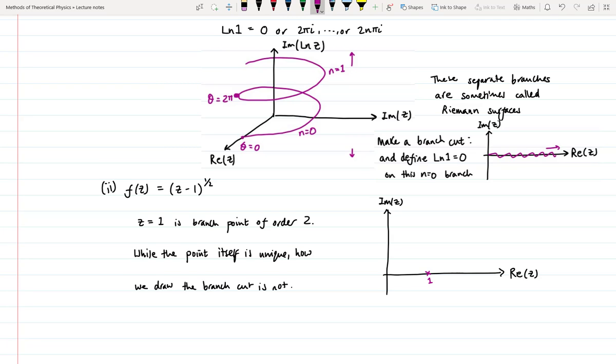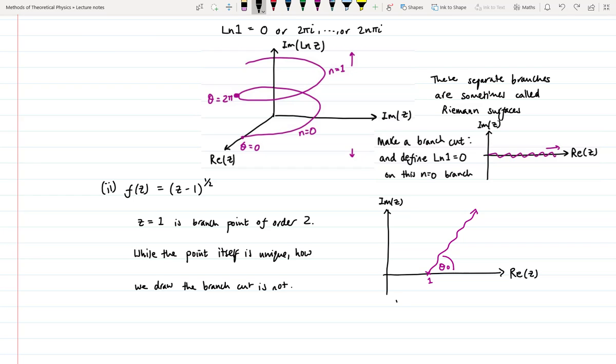Earlier we had our branch cut running along the positive real axis, and I also mentioned that if we had instead defined the principal values of the argument as between minus pi and pi, then our branch cut would have run along the negative real axis. We could also have a branch cut like this, at some angle theta naught to the real axis.